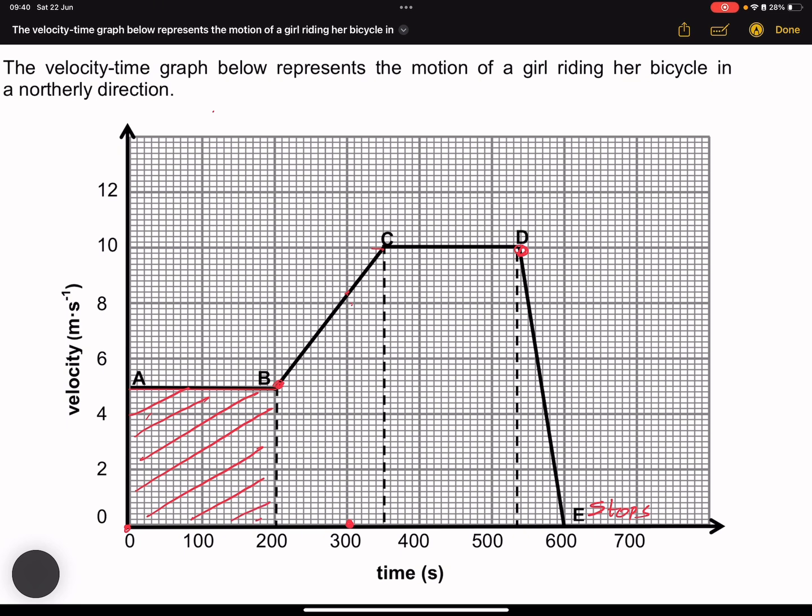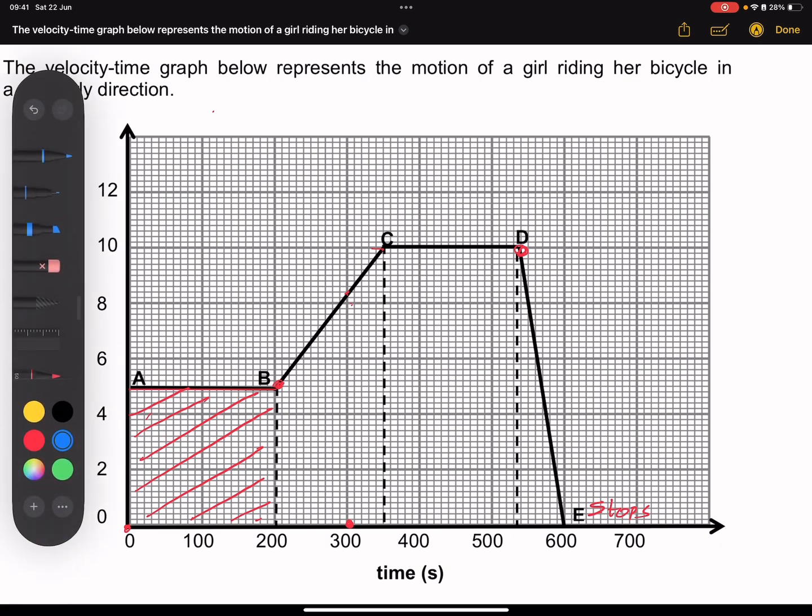So I've got what looks like a rectangle there, and I say a rectangle because some of us would have said a square. Remember that our dimensions would not be the same. And then I've got a trapezium between B and C. Let me use a different color. You don't need to use that as a trapezium.